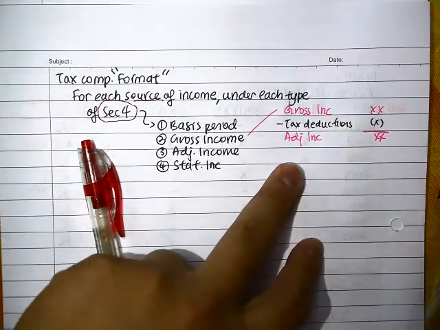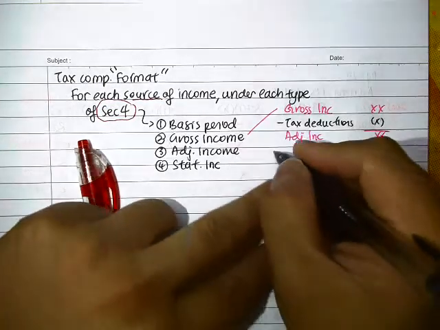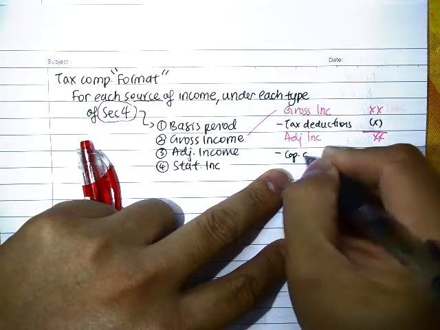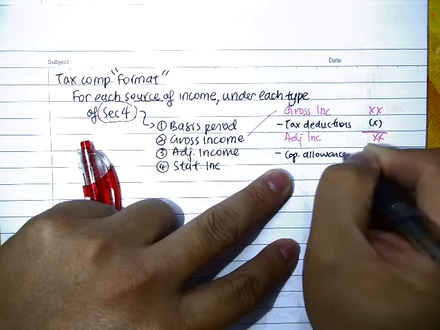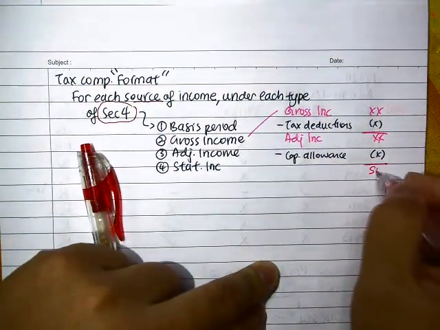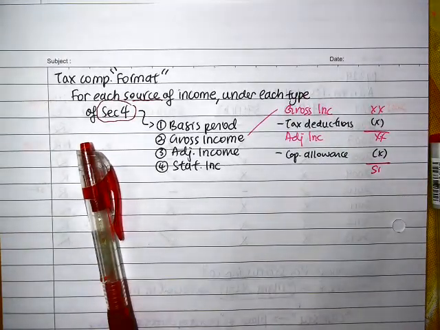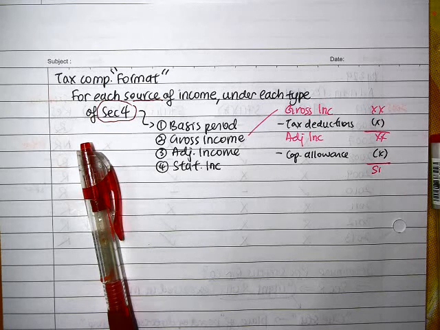And then after adjusted income, what you normally see is allowances. Correct or not? For example, you have capital allowance. Then you minus, and then you get statutory income. Capital allowance is very simple. CA is only given for business income.